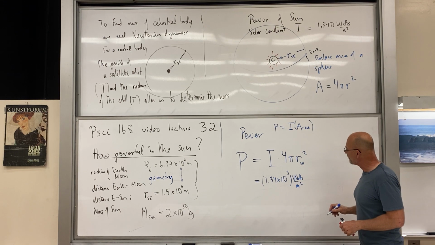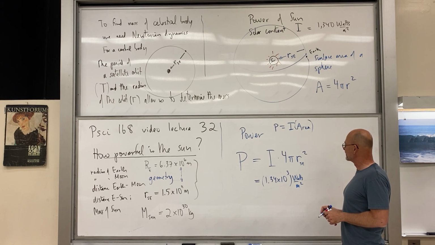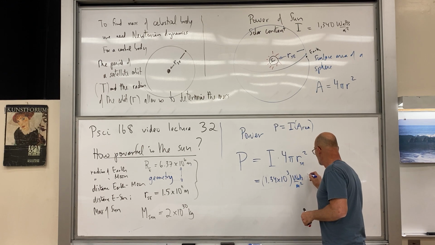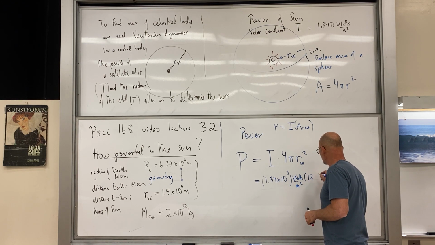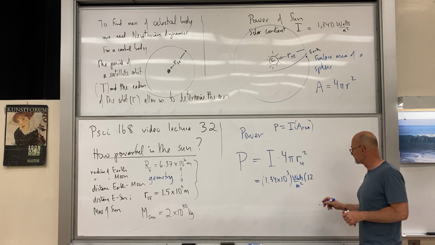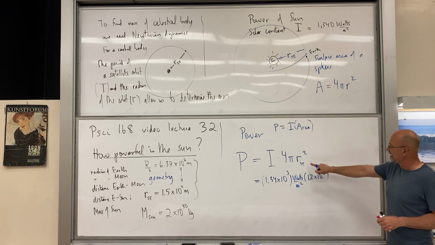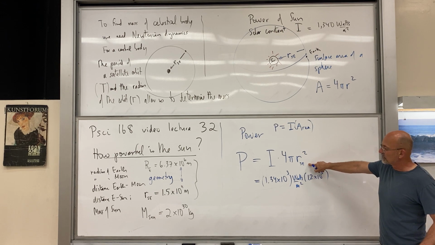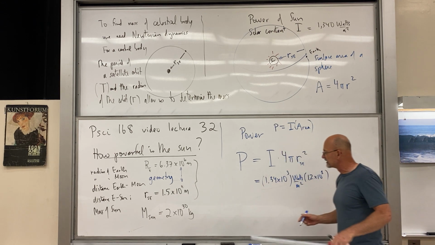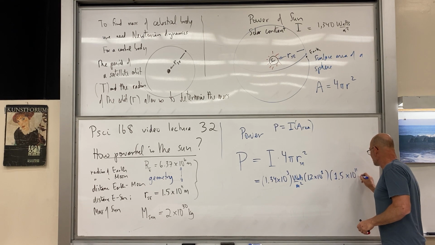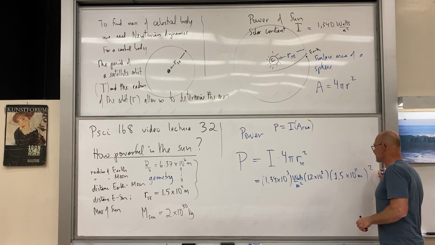Then we've got 4 pi, that's roughly 12, a little more, I'll just write 12. 4 times 3 point something, 12, 12 and a half. 12 is good, so 1.2 times 10 to the 1. Okay. And now this distance from the sun to Earth squared, we have 1.5 times 10 to the 11 meters, quantity squared.